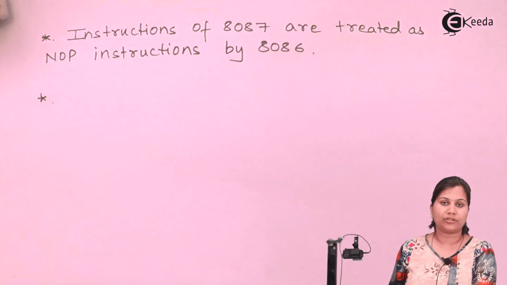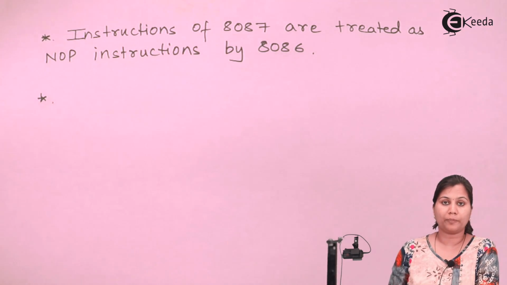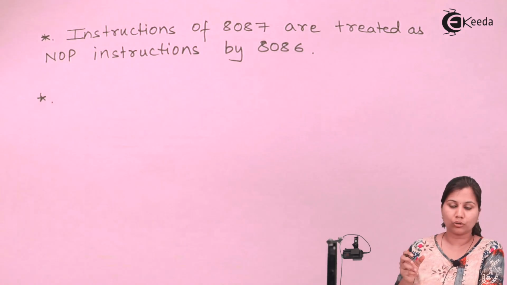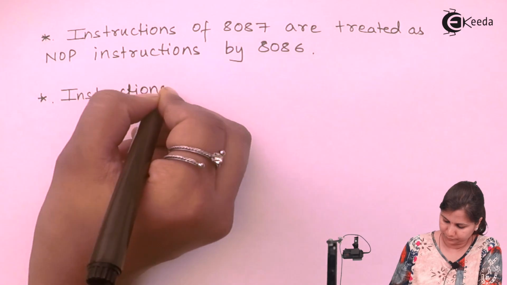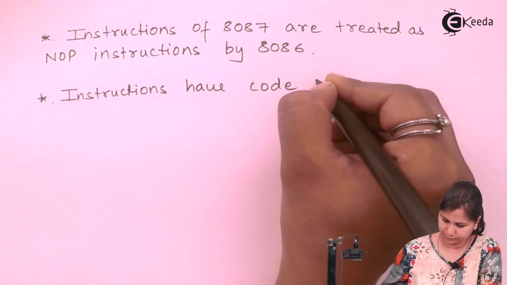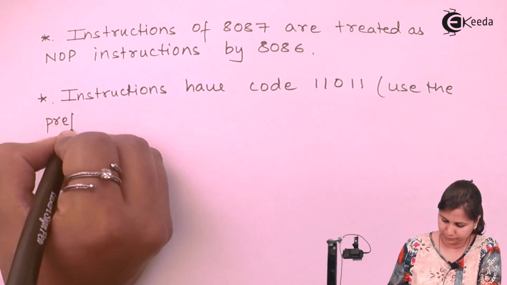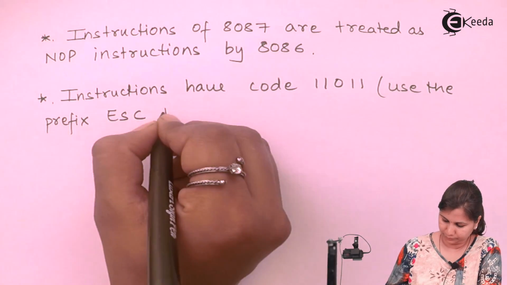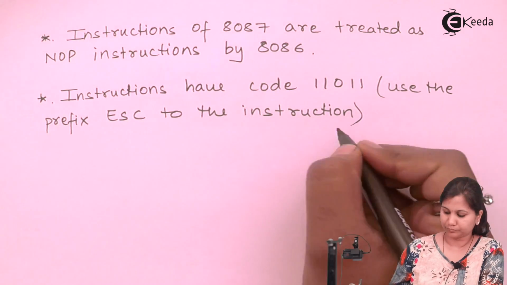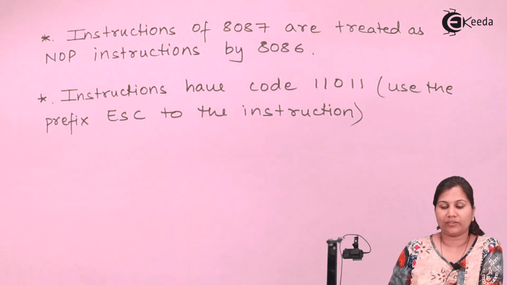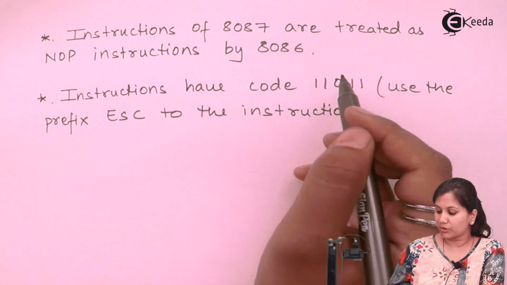Now all the instructions of the 8087 coprocessor come with a code. All the 8087 instructions have the code 11011. How is this code given?